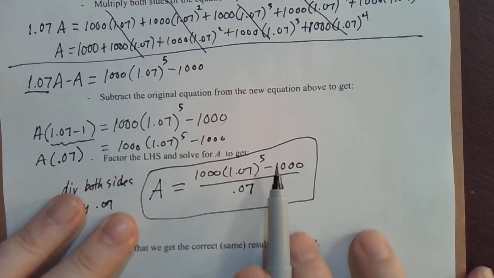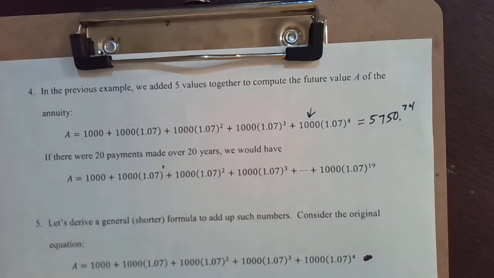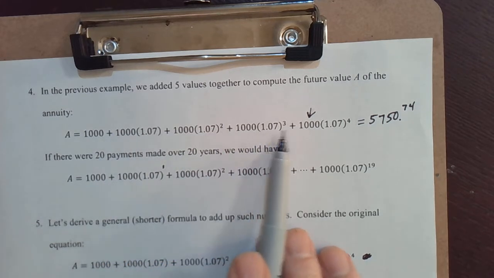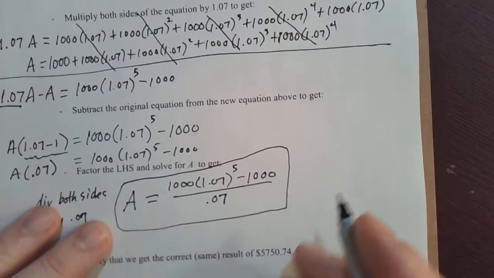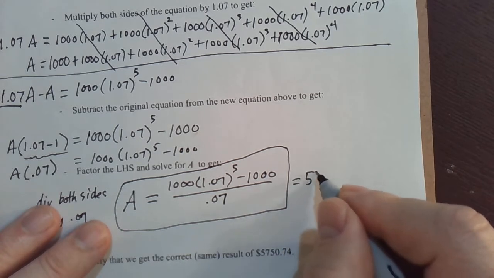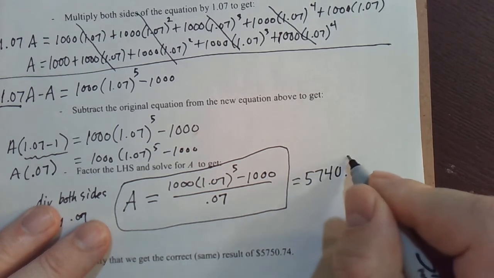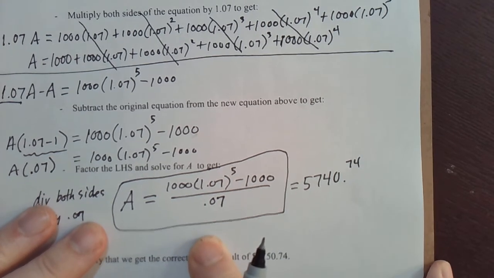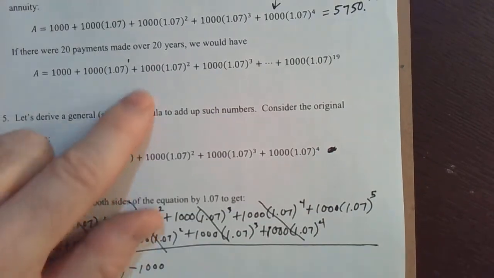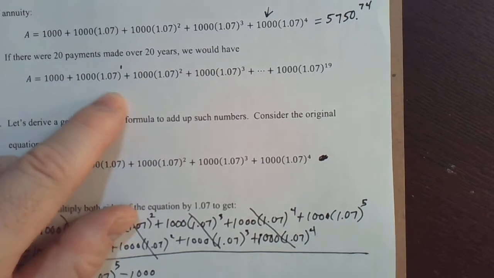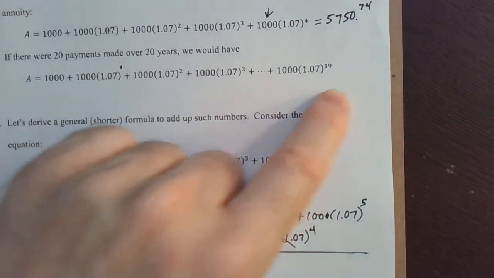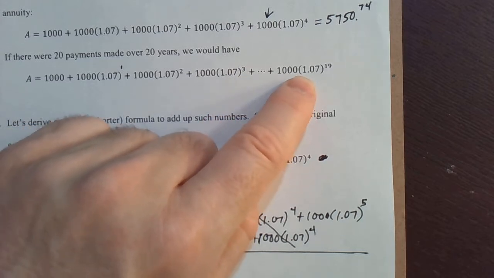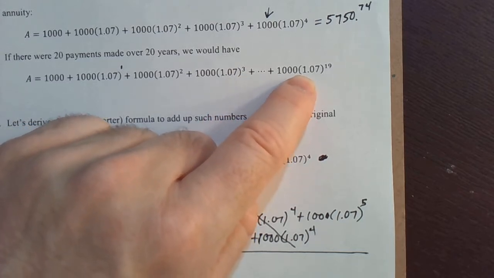This is equal to this plus this plus this plus this plus this. So it's 5,740.74. Now that may not seem like it's significantly more simple than adding up the 5 numbers, but suppose we wanted to add up these 20 numbers from 1,000 all the way up to 1,000 times 1.07 to the 19th power.